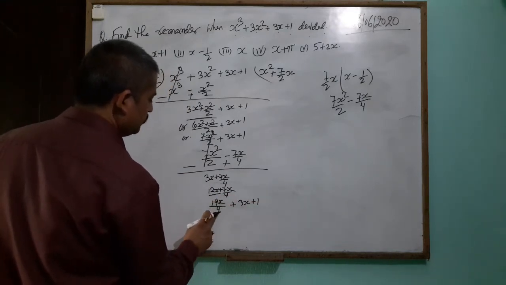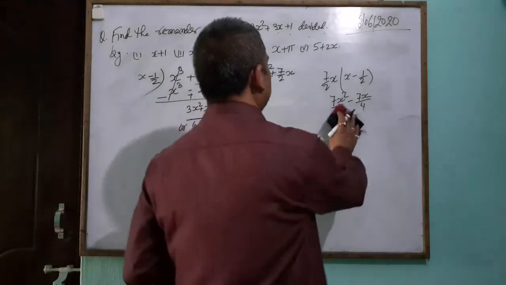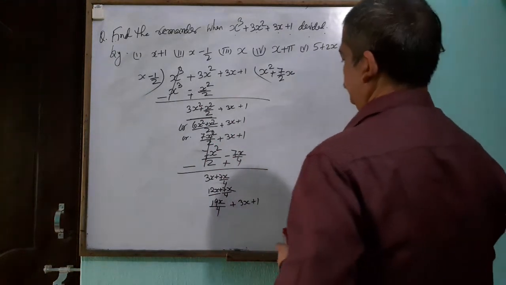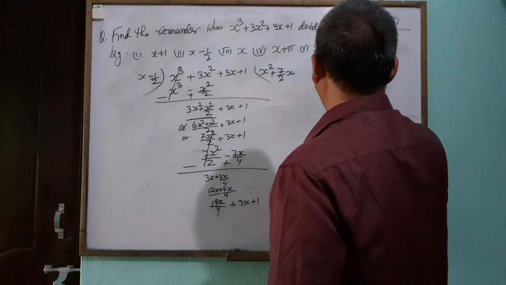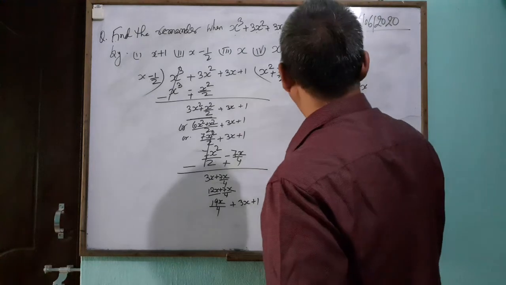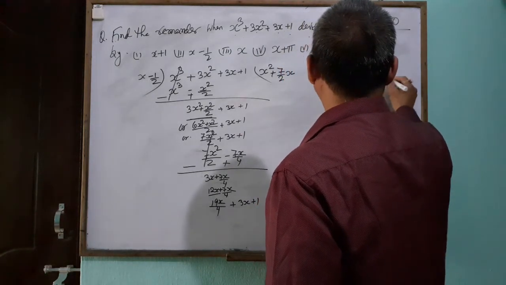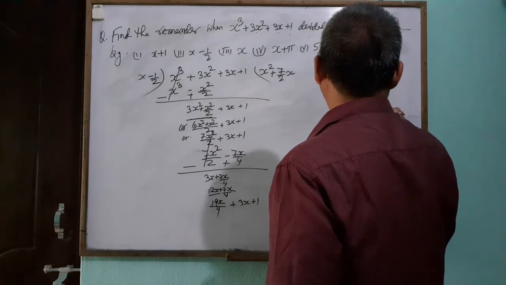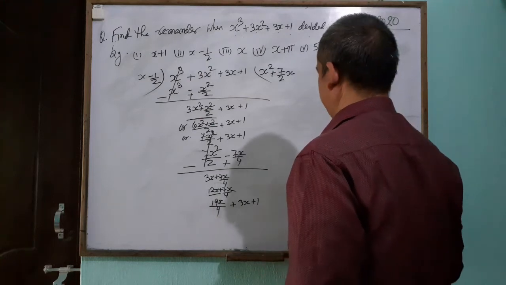So 19x by 4. So you just multiply 19x by 4 into x minus 1 by 2, where 19 by 4x minus 19 by 8.